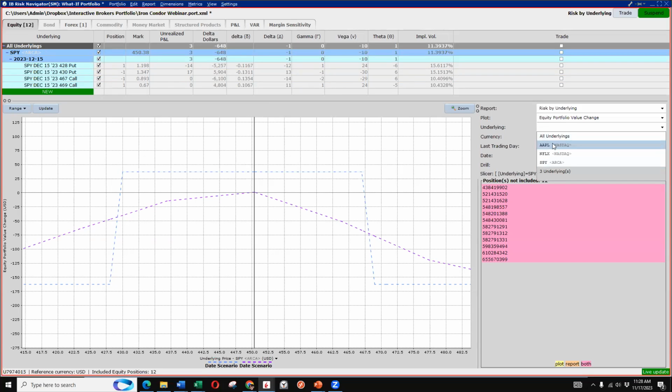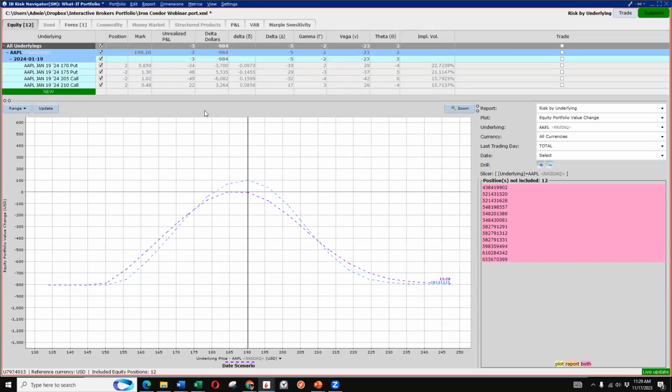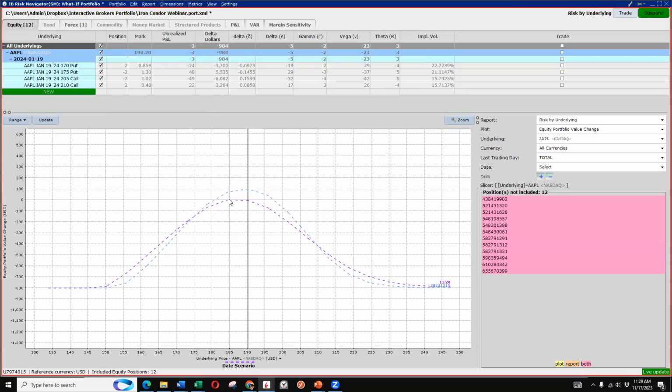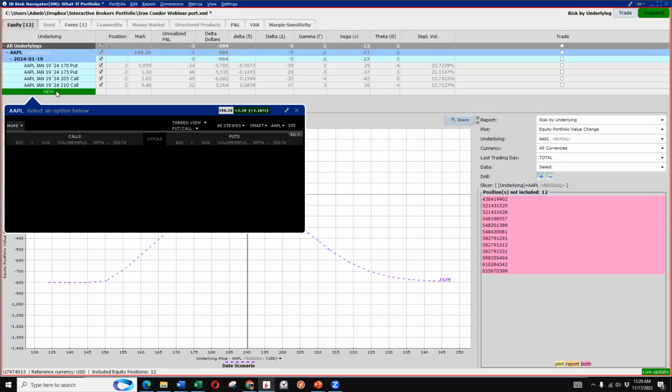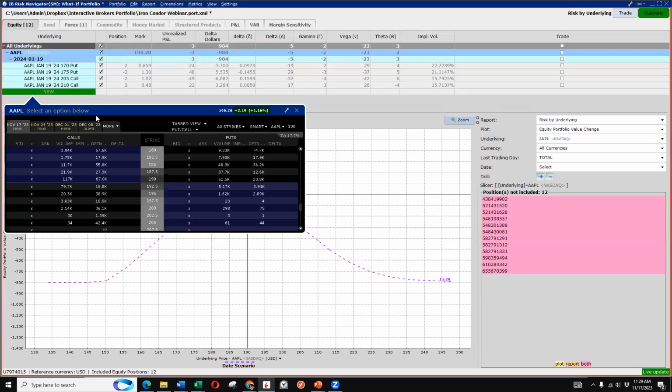The other thing I want to show you is, we'll go back to Apple. I'm going to try and keep this scale the same. What we're going to look at is, might take this off. We're just going to look at the T+0 line, and we're going to compare it to a weekly condor. And you'll see the difference in the steepness of the hill that I was talking about earlier.